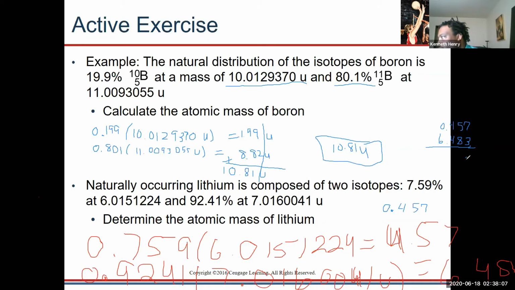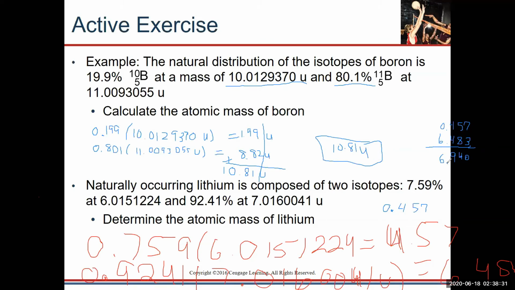So that's 4.9, so 6.940. It matches. You guys agree? Yes. Piece of cake.